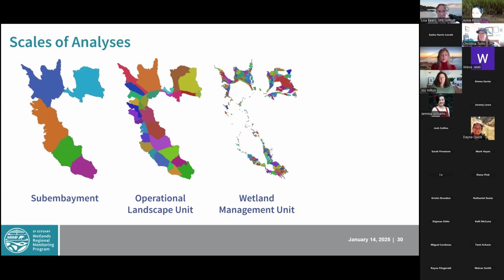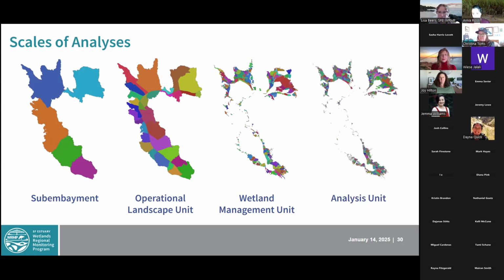So it's designed to be relevant at the scale of managers' needs. And then also at the analysis unit level, drilling down, there are over 1,000 of these analysis units. And so you can see how the scale of summarization can vary widely using this tool, depending on your needs.